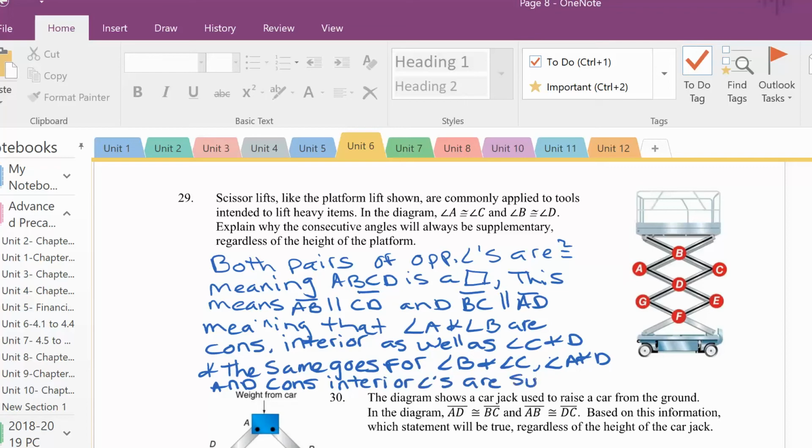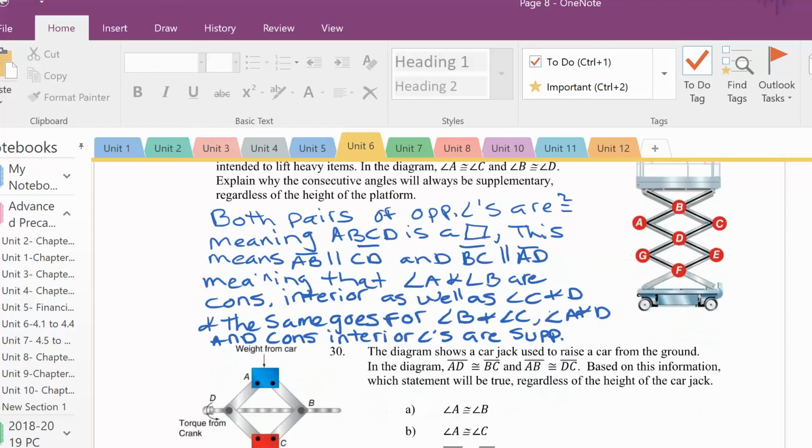So since it's a parallelogram and you know the lines are parallel, that means all the consecutive angles are consecutive interior, which means they're supplementary.